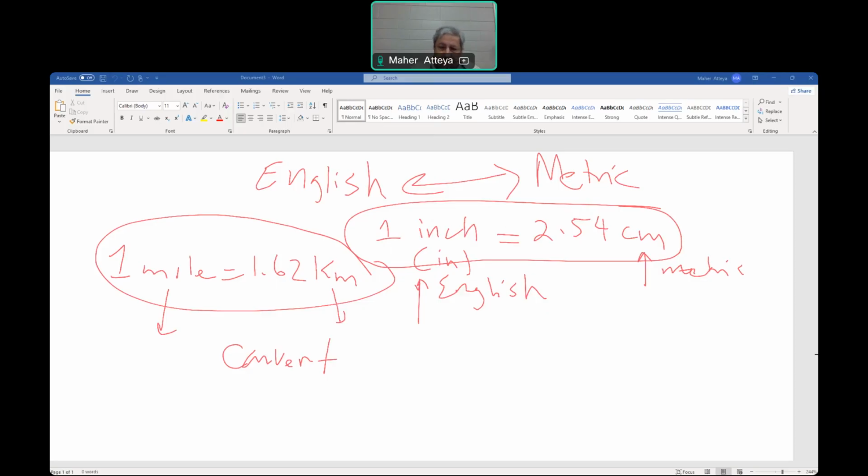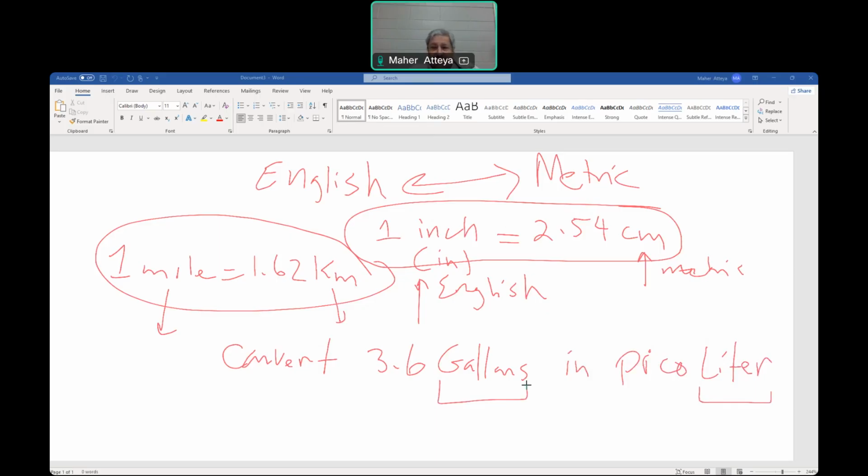Convert 3.6 gallons into picoliters. Liters is the basic unit of volume for the metric system, and gallons is a basic unit of volume for the English.